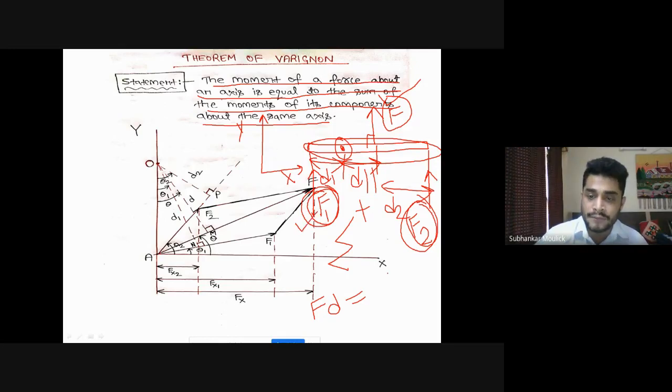One component is F1, another component is F2. So the moment of F1 at this particular point will be F1 into d1, plus the moment of force F2 at this particular point, which is F2 into d2. This is the statement of the theorem.